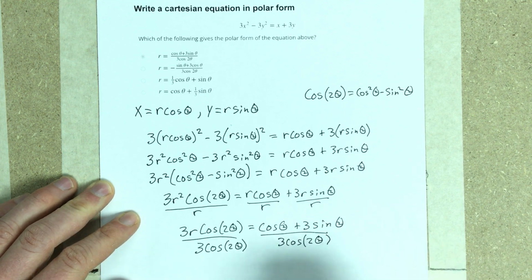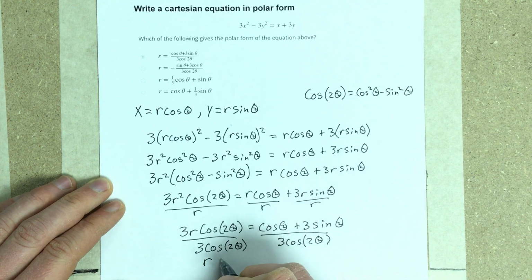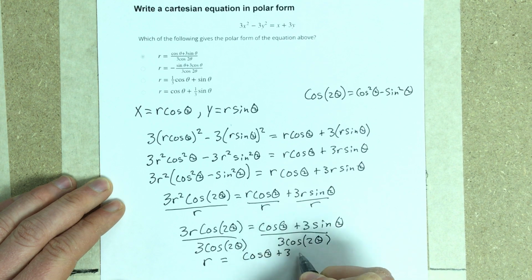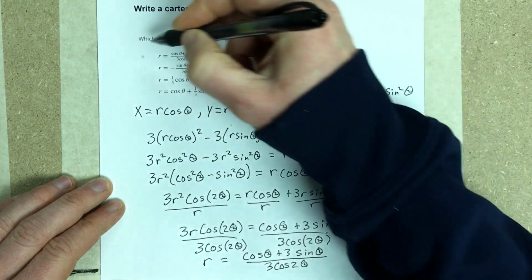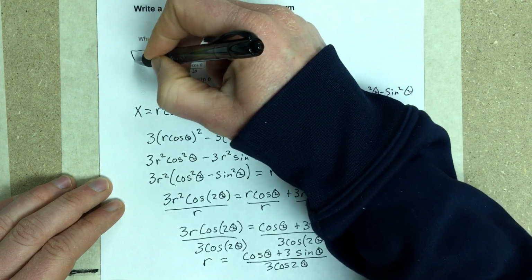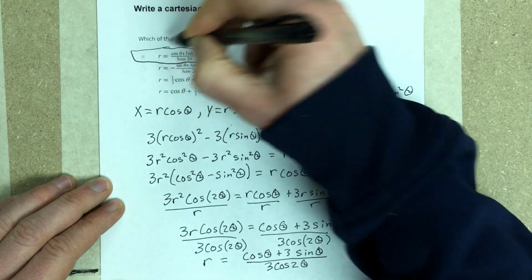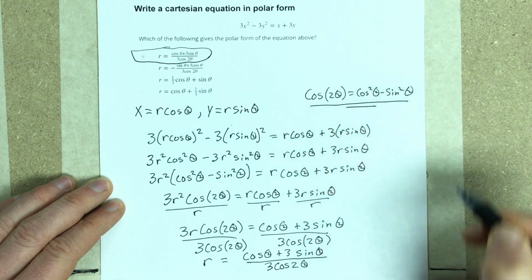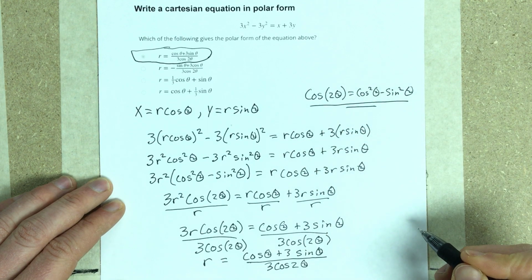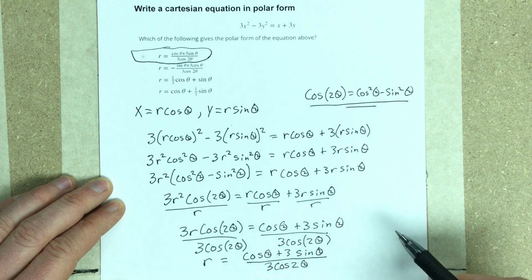And I end up with r equals cosine theta plus 3 sine theta all over 3 cosine 2 theta, which is the top selection here. So that substitution right there, where we did the double angle formula, kind of helped us simplify this down pretty well.